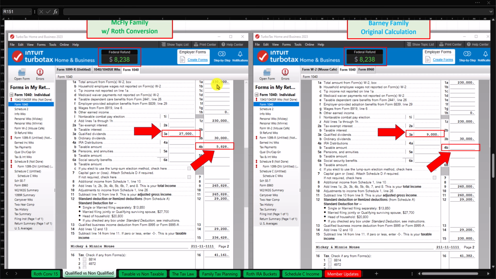So let's walk through this. We have the $230,000 of W-2 wages. That's the same between both families. We have the $30,000 of total dividends right here, which is the same between both families. The Barney family has the $9,000 of qualified dividends, and the McFly family has the $27,000 of qualified dividends. All that's the same as before. But now what the McFly family has done is they've determined they can do a $5,828 Roth conversion right here and ultimately get to the same tax answer as the Barney family.